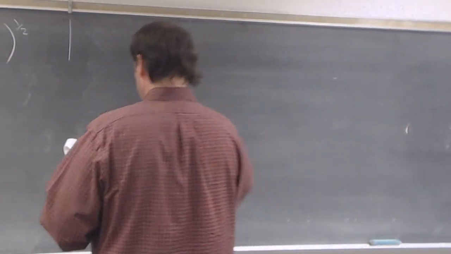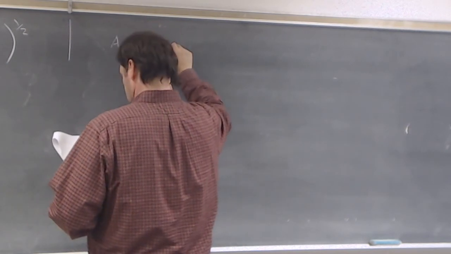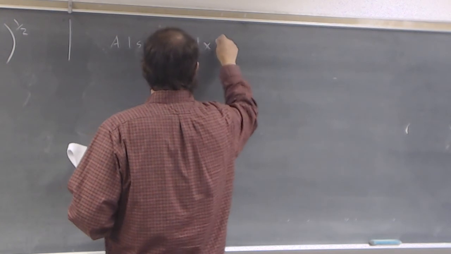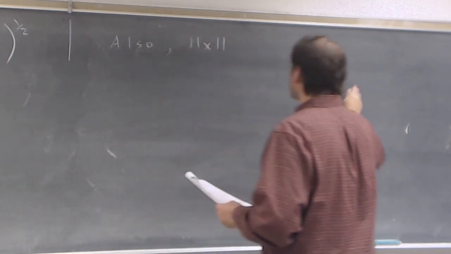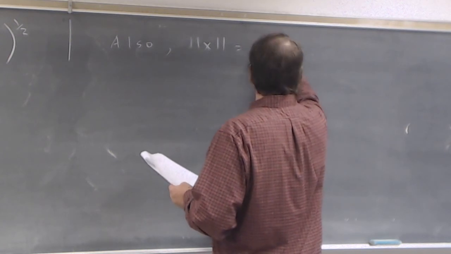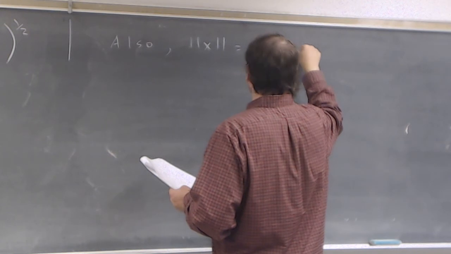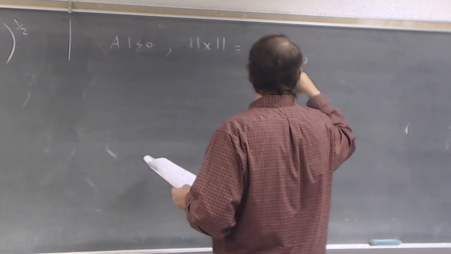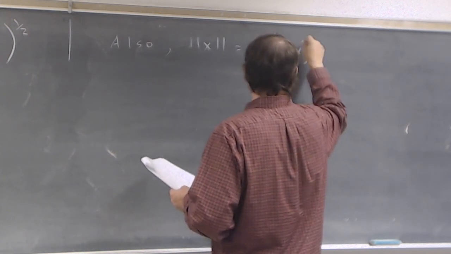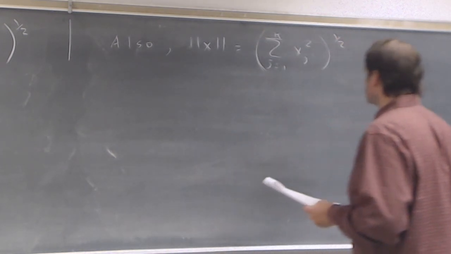Now, if we look at the norm of x, that's going to be equal to the sum as j runs from 1 to k of x sub j squared, all raised to the 1/2 power.